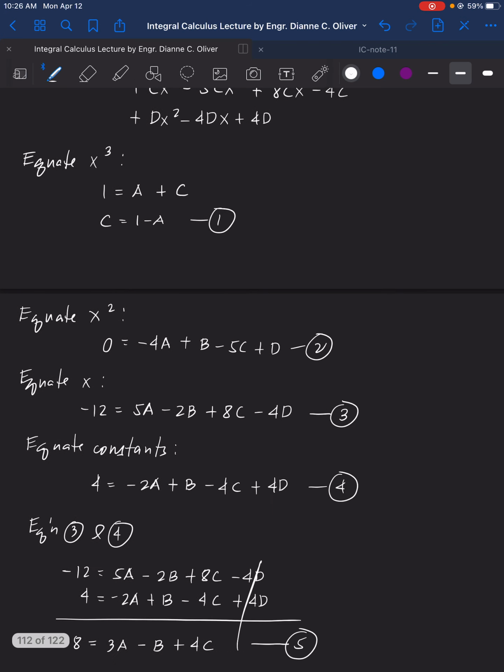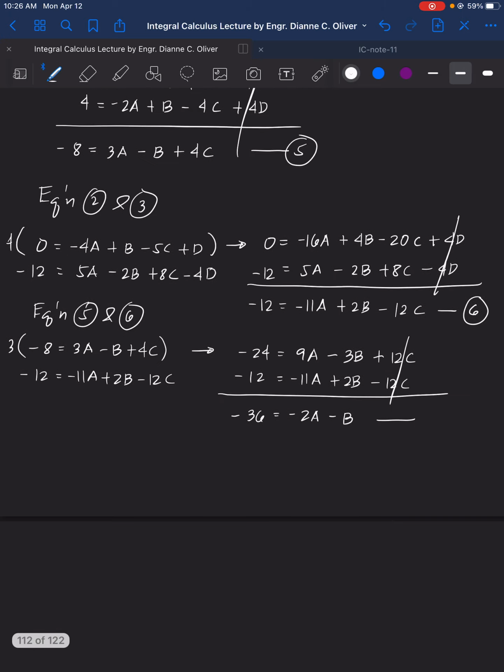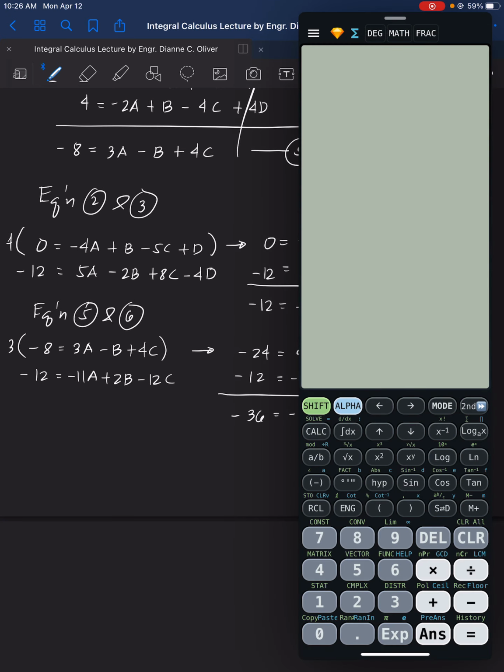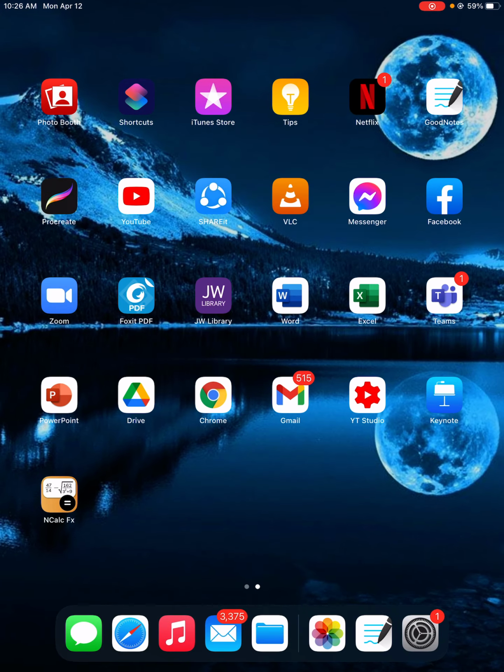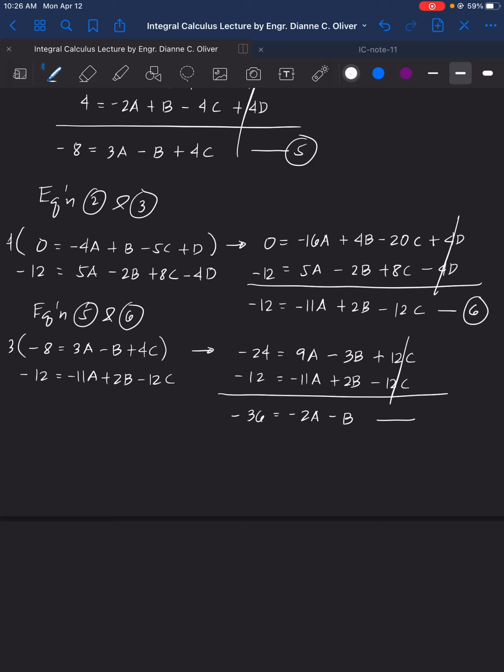Actually, we can shorten this one out, because if we are looking for two equations with two unknowns, that means we will eliminate again.